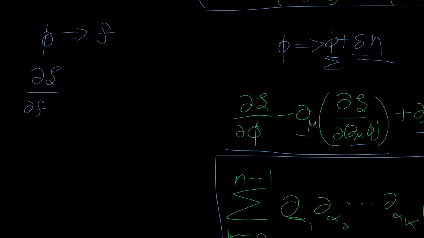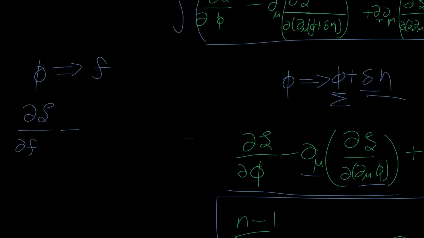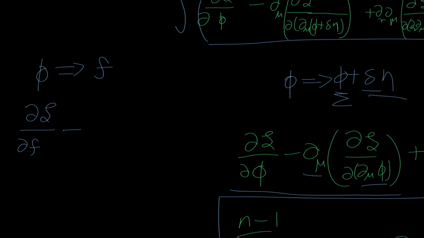And then we're going to have minus, well, partial mu. But whenever we have a 1D Lagrangian like this, it's not so much a Lagrangian density as it is just a normal Lagrangian. And typically in that case, we're integrating our Lagrangian just over time.